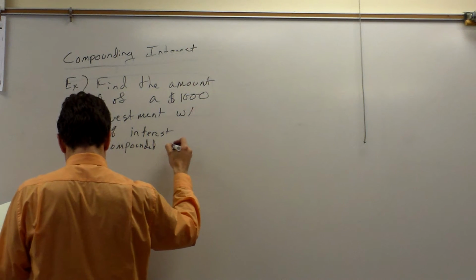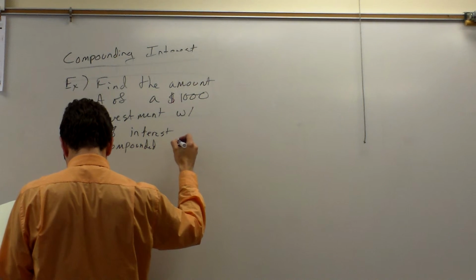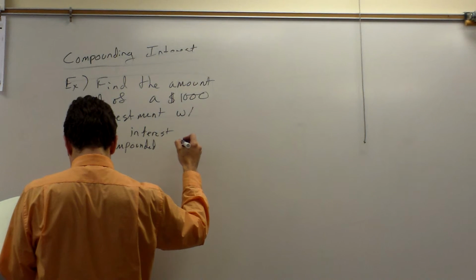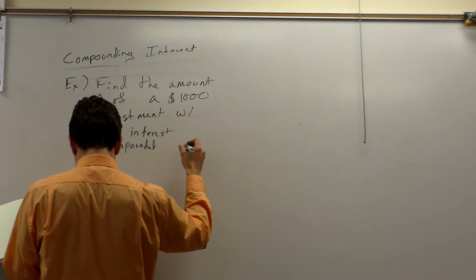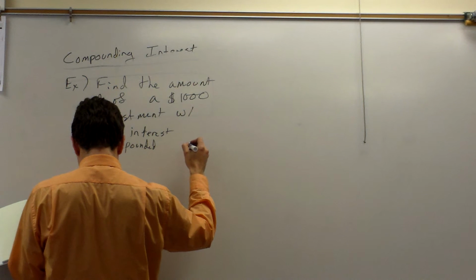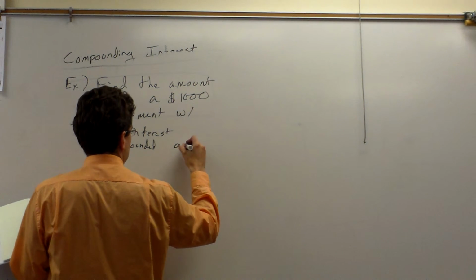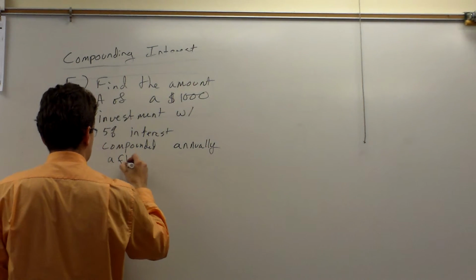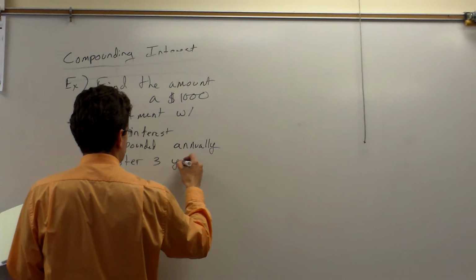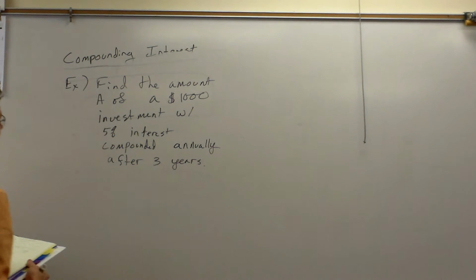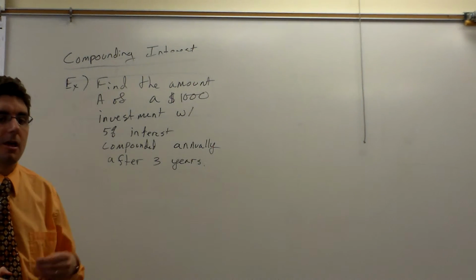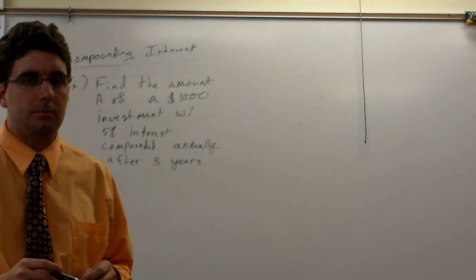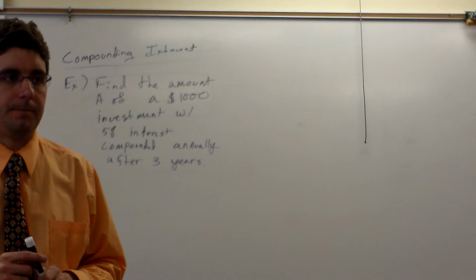Find the amount A of a $1,000 investment with 5% interest compounded annually after 3 years. This is our warm-up.